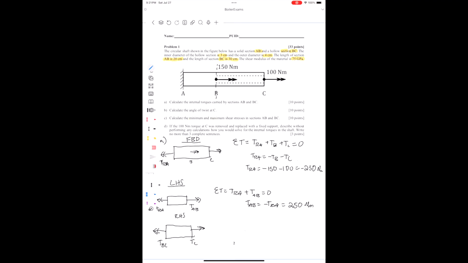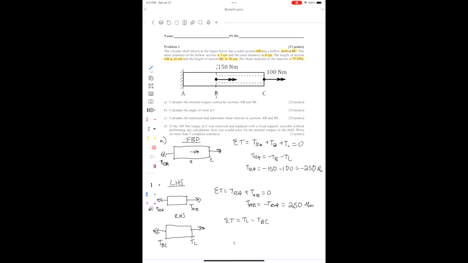So if we take the sum of our sections, TC plus TBC, except in this case it's going to be TC minus TBC because we have TBC pointing to the left, so it's going to be negative.